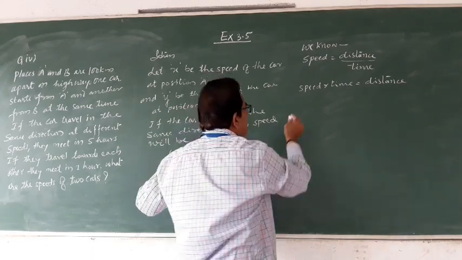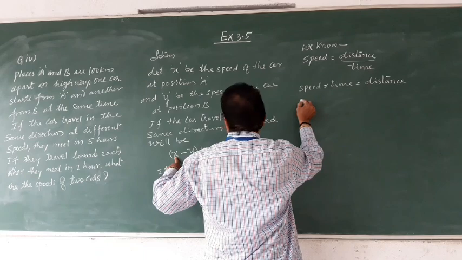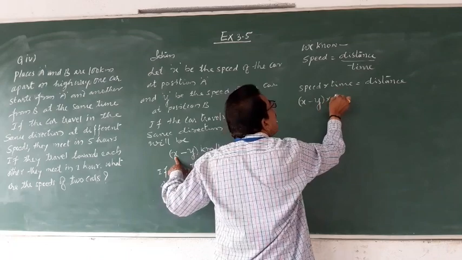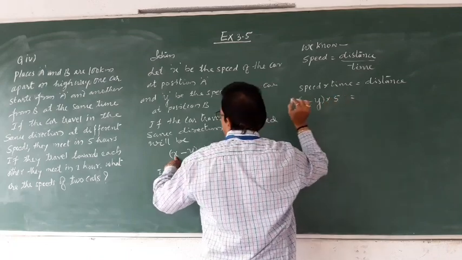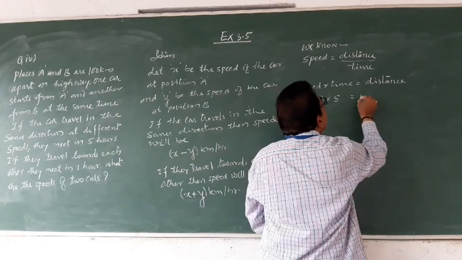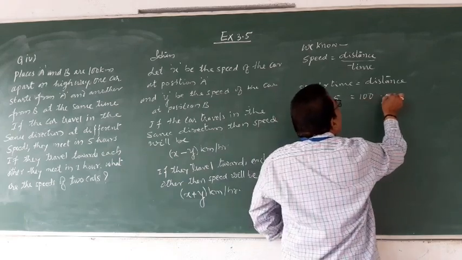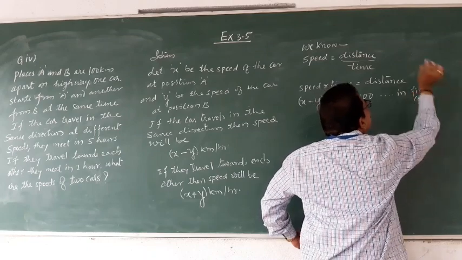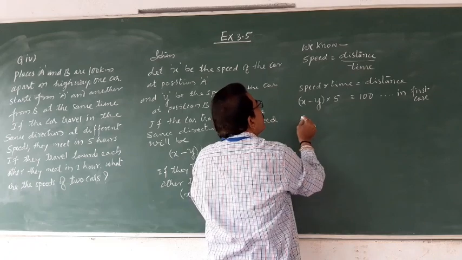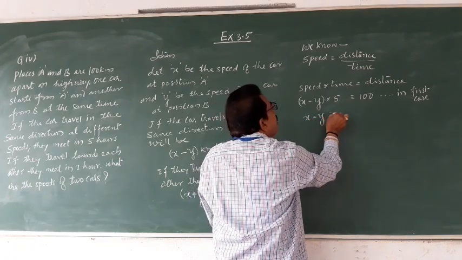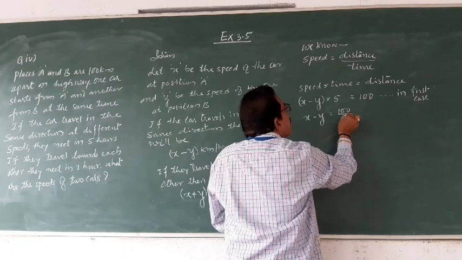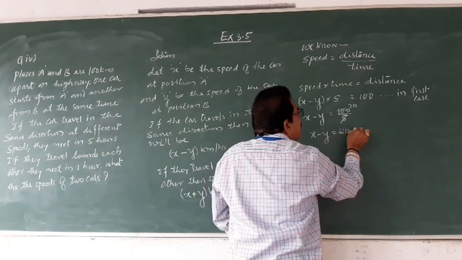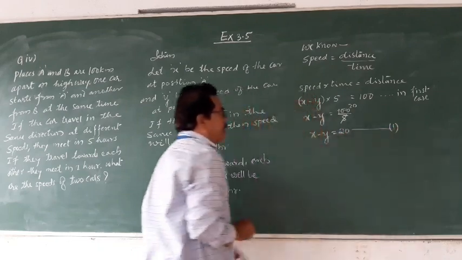Speed for first case, into time 5 hours equals distance, that is 100. In first case, x minus y equals 100 divided by 5. 5 twenties are 100. Therefore, x minus y equals 20. This one is equation 1.